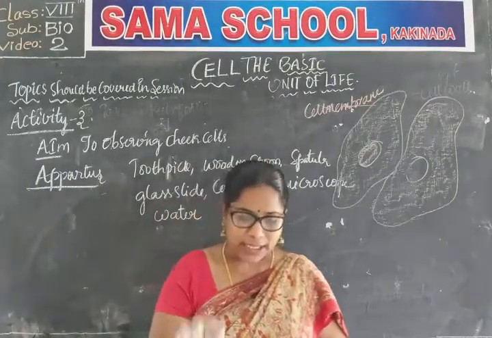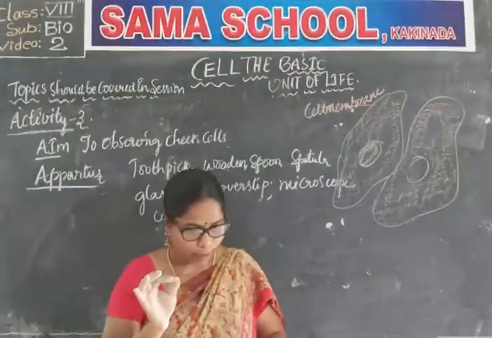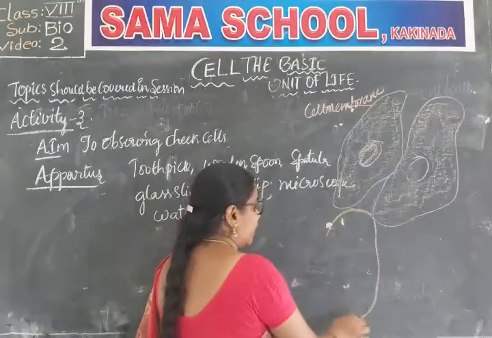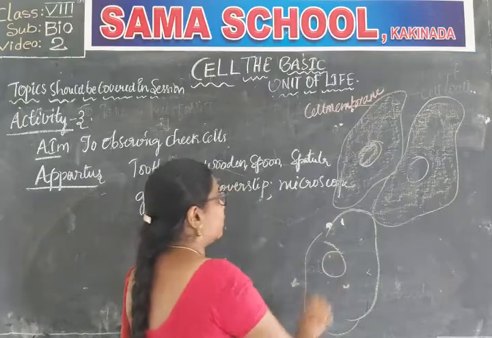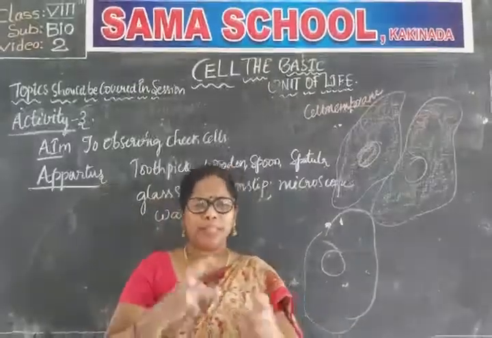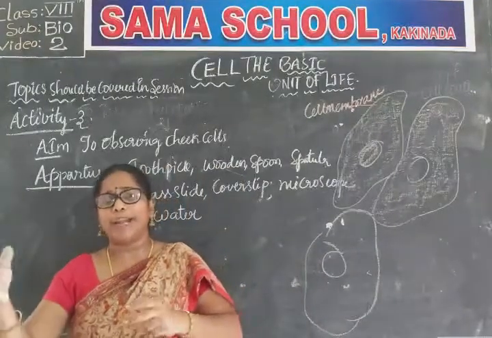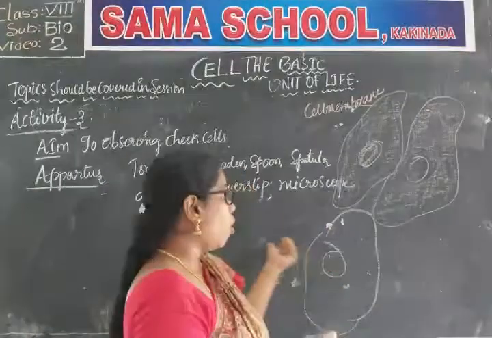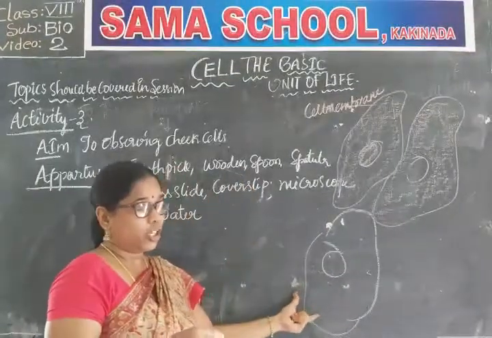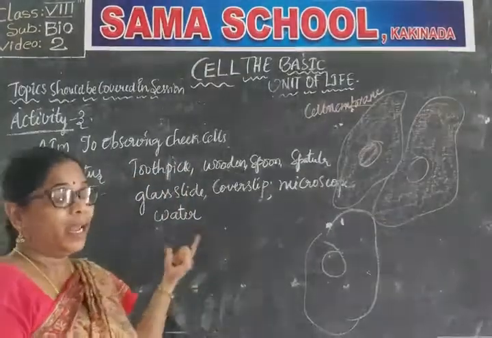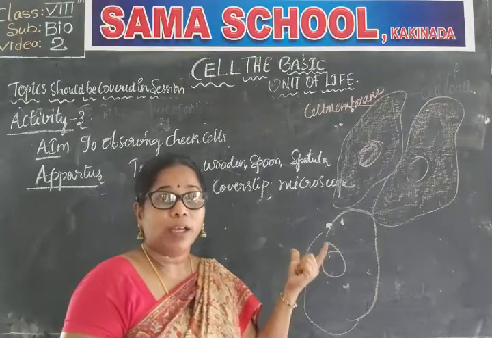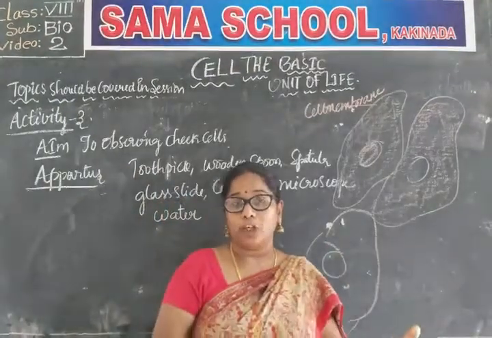Every step is very important, and diagrams are also important. Here you can see there are intercellular spaces. There is only a little bit, which means they are compactly arranged. When you compare with the cells of a plant, a lot of difference will be there. If you see the cells of the cheek and the cells of the onion peel, a lot of variation is there. I hope everyone is able to understand the topic.